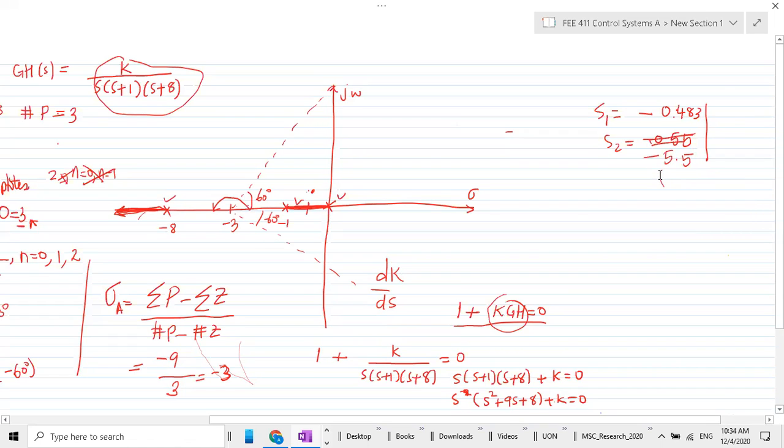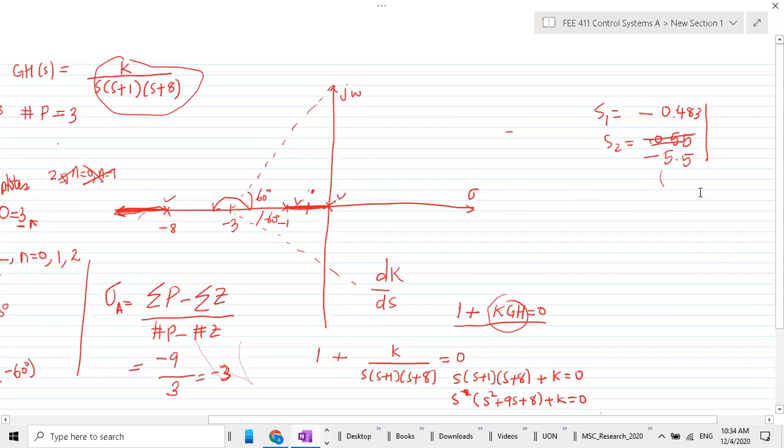Yes. So from these two points, which one is along the root locus? Because we know on our real axis between 0 and -1, this is part of root locus. And then we don't have anything between -1 and -8, and -8 to infinity is part of root locus.